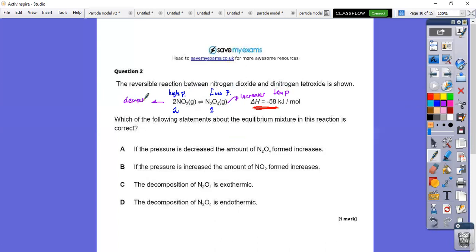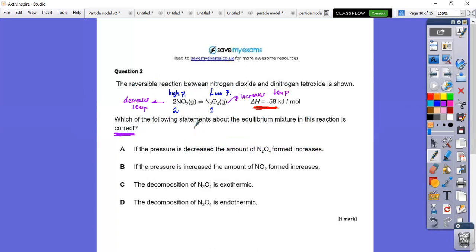And I could have used the word endothermic, but it just might make the understanding of this a little bit easier. So if the pressure is decreased, the amount of N2O4 increases. And it's saying which of the following is correct. They want the correct statement, don't they? So is this statement correct?